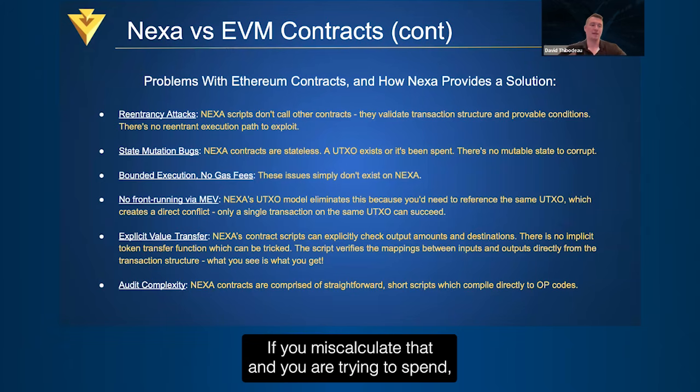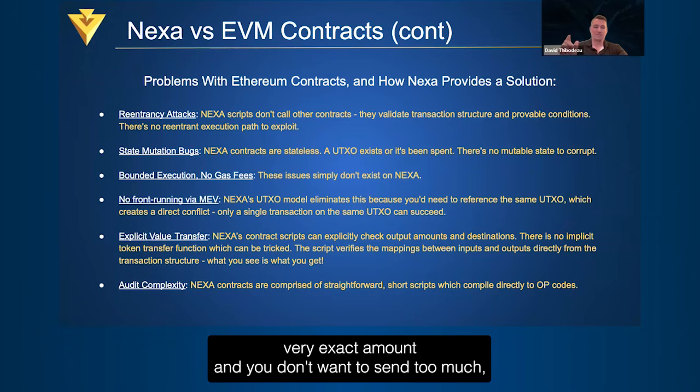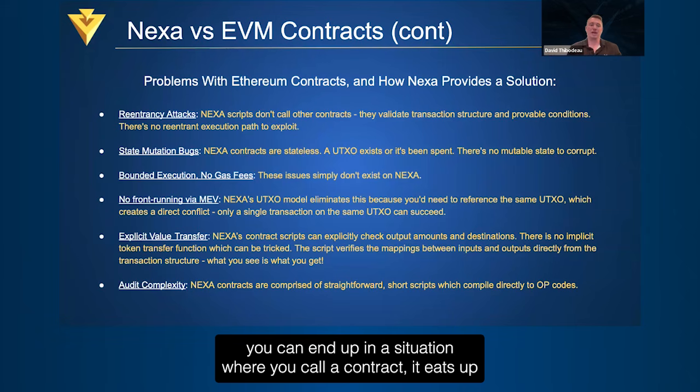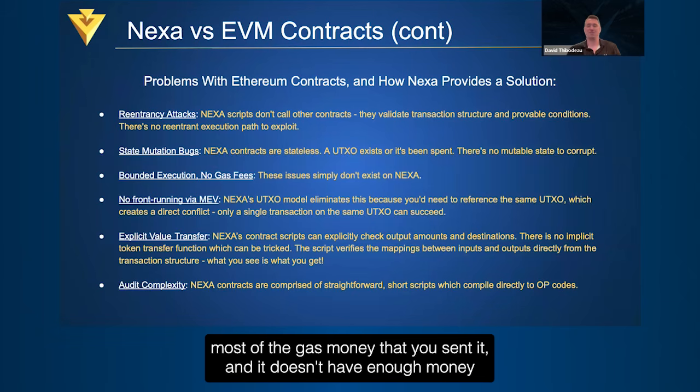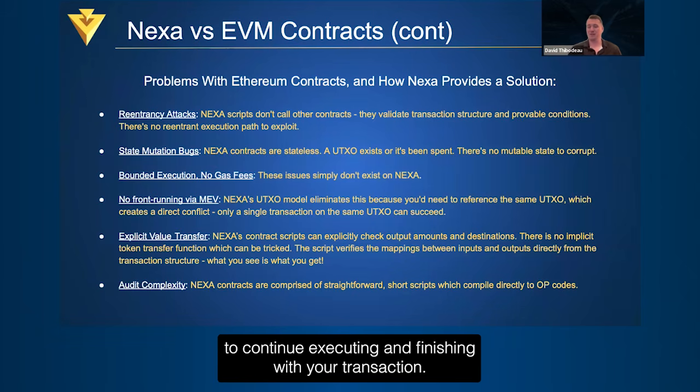If you miscalculate that and you are trying to spend a very exact amount and you don't want to send too much, you can end up in a situation where you call a contract, it eats up most of the gas money that you sent it, and it doesn't have enough money to continue executing and finishing with your transaction.